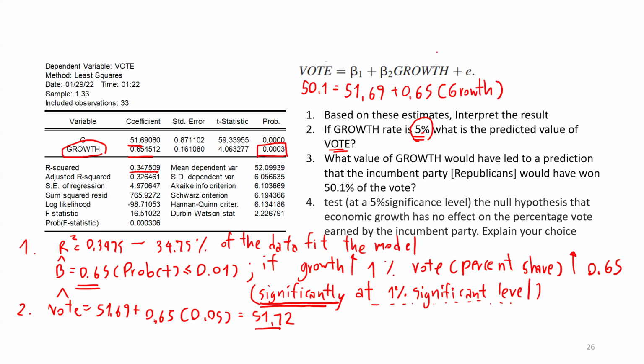Then you can solve for growth. So growth will equal 50.1 minus 50.69 over 0.65.